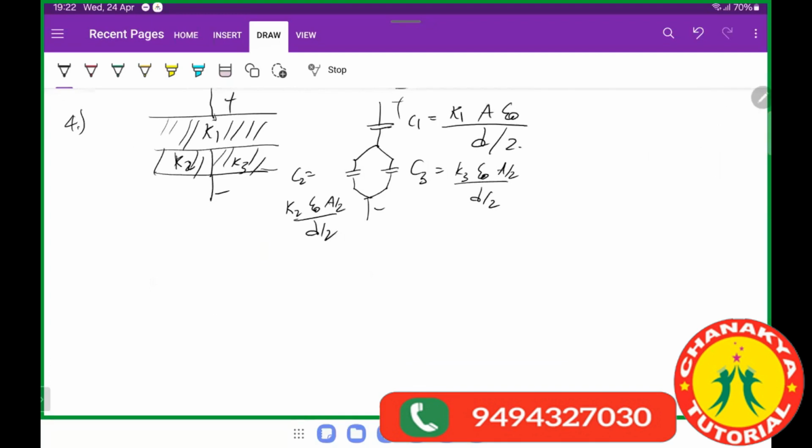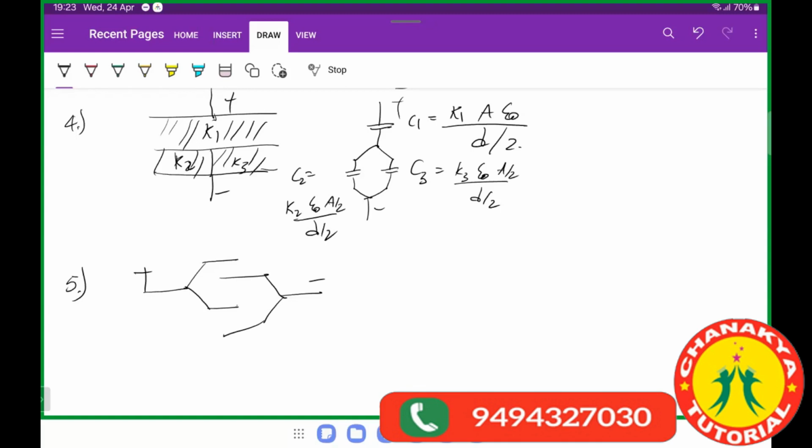Now let's see the plates type. How many capacitors are here? There are three: the first two plates, the middle two, and the last two.